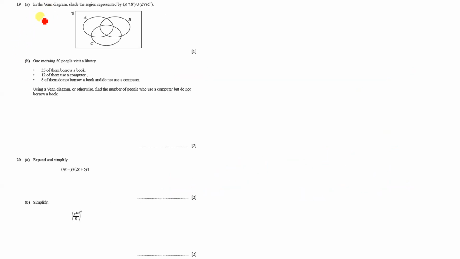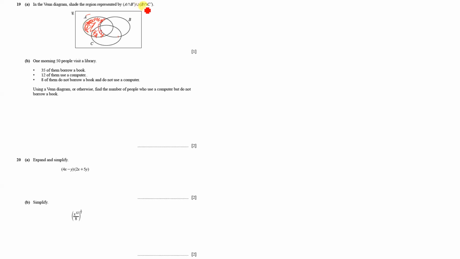Question number 19. In Venn diagram, shade the region represented by A intersection B complement union B intersection C complement. So first of all, this is B. So its outer part is the B complement. So A intersection B complement will contain this part, in this region.